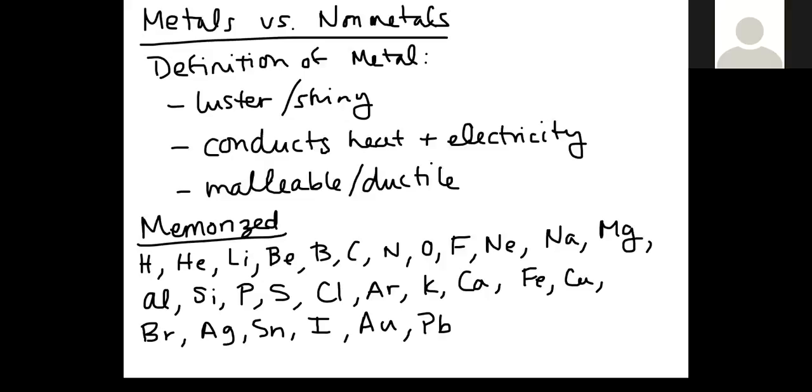So, but we still have the Pb. Gold and silver are the same way, and tin. Do not confuse tin with titanium. Ti is titanium, Sn is tin. So that is something you need to know. Once you memorize these, it will make your life so much easier in this class, because not only will you memorize them, you will be able to find them on the periodic table more easily.